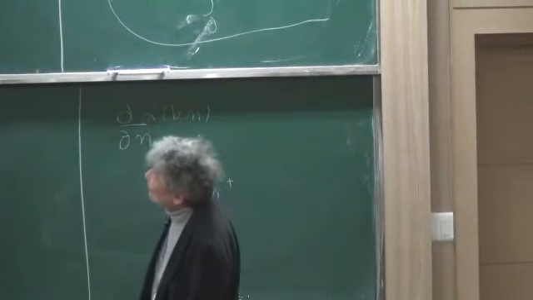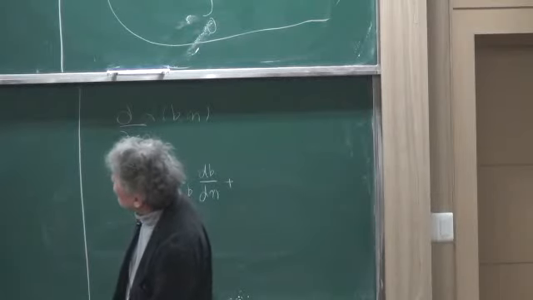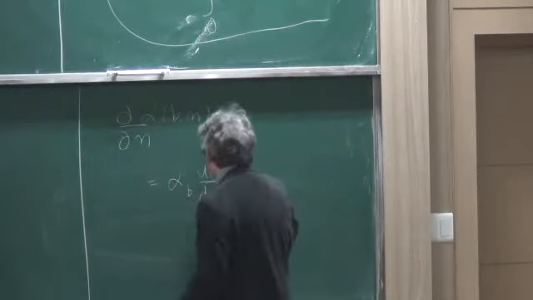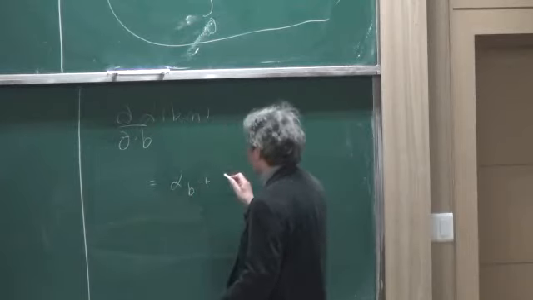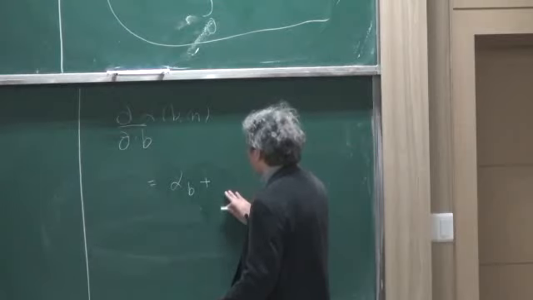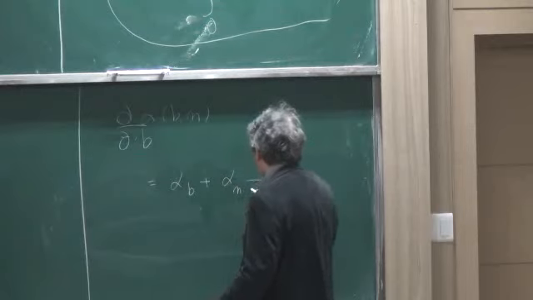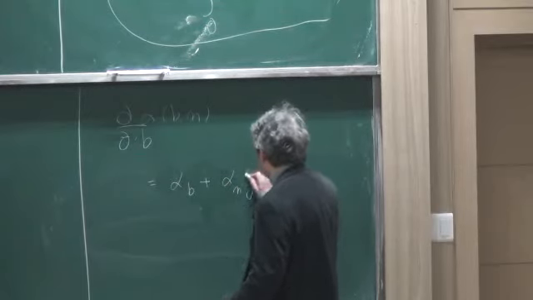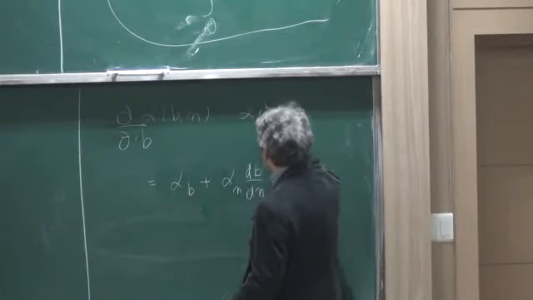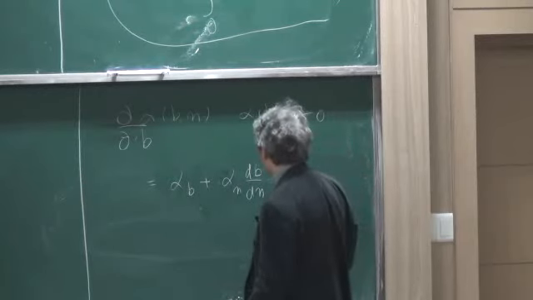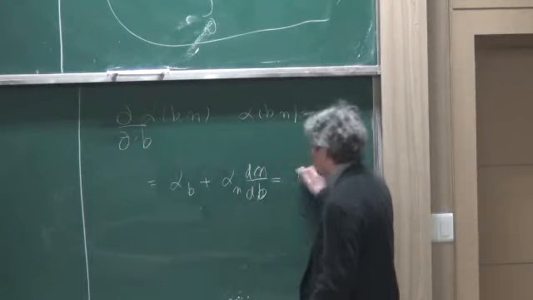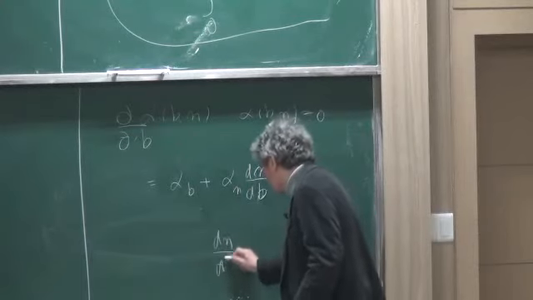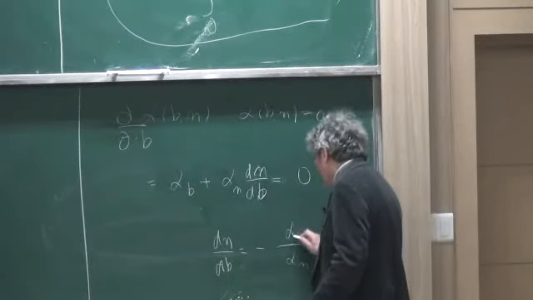Wait a second. Maybe this is P. So alpha_B plus alpha_N dN/dB equals... if alpha(B, N) is 0, then dN/dB equals minus alpha_B over alpha_N.